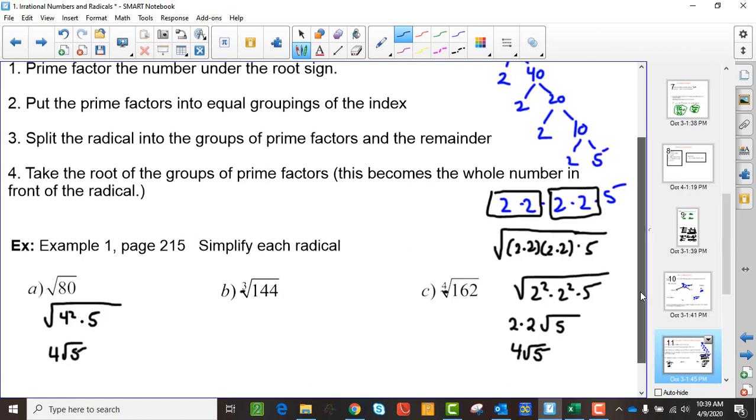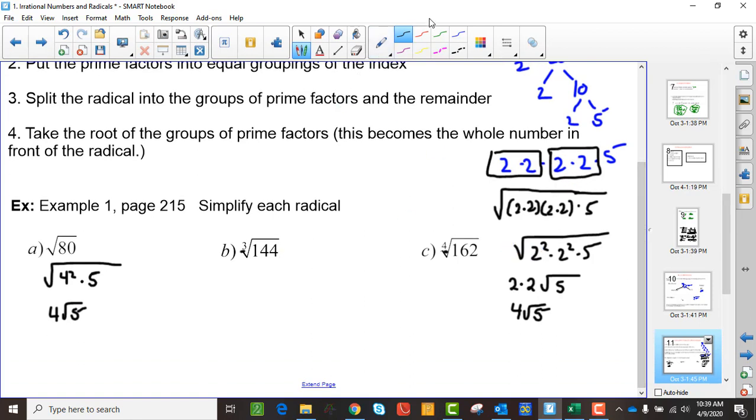So let's do a couple more of these and I'll show you how this works. If you look at this one, it's first of all going to be prime factored. So this is 12 and 12, and then 12 is 3 and 4, and this is 3 and 4, and then 4 is 2 and 2, and 4 is 2 and 2.